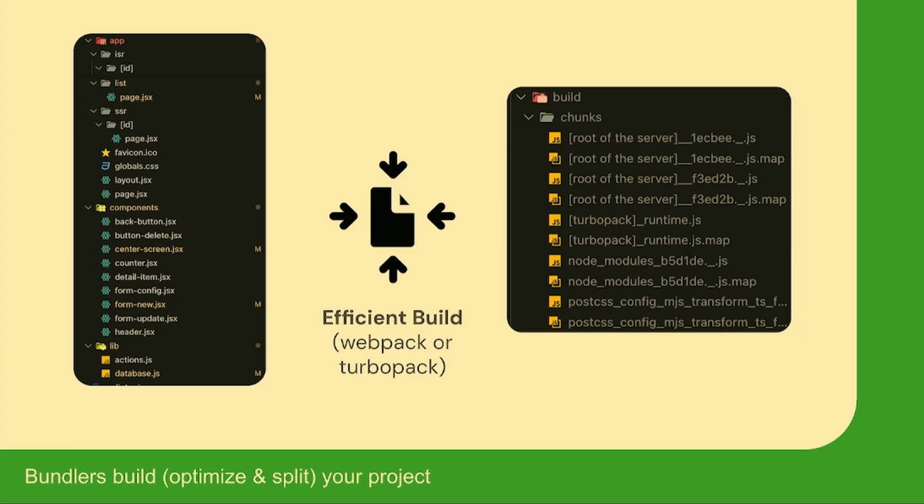We may also have shared bundles between the client and the server. So it has to manage all of these types of bundles. And now it has a stable Turbopack, which is the custom-made build process by Vercel, written in Rust, which is very efficient. And you can also use it to publish the website now.